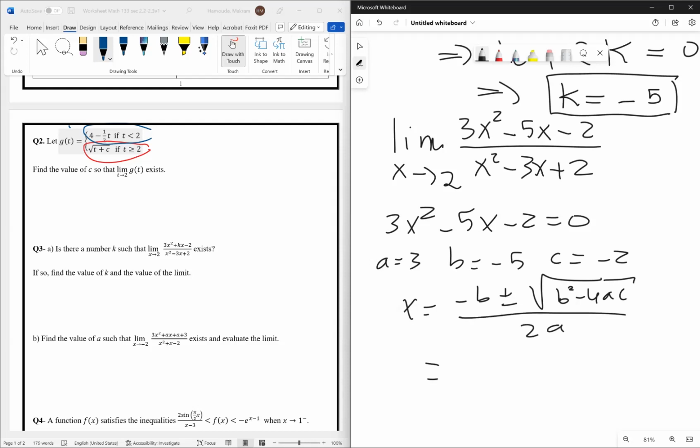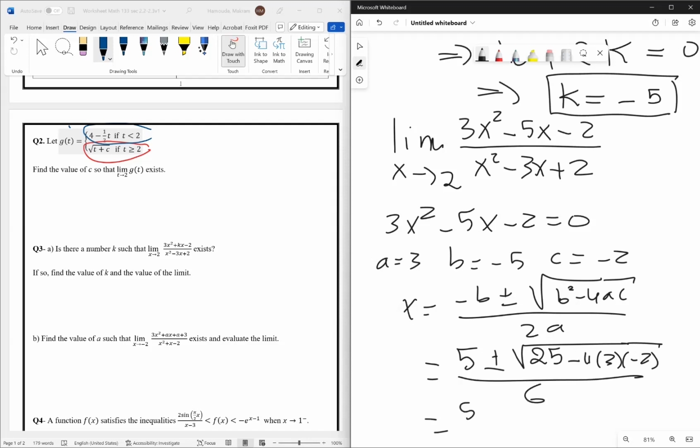Here substitute, so it's 5 plus minus root b squared, that means 25, minus 4 times 3 times minus 2, over 2a, that means 6.